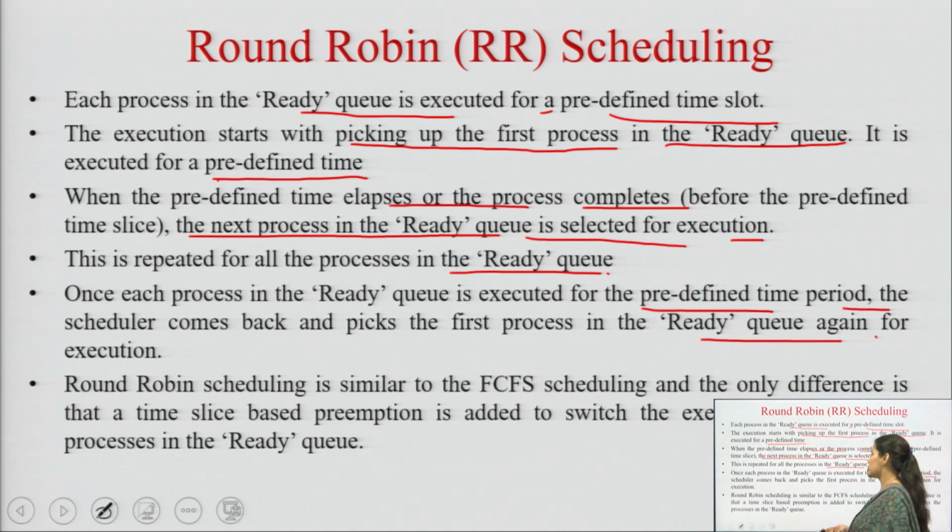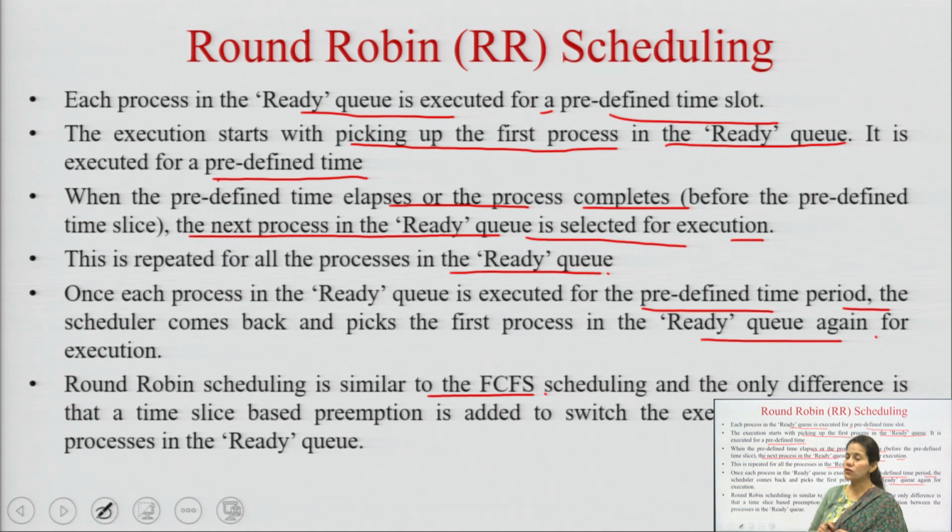The round robin scheduling is similar to the first come first serve scheduling, but what is the difference between them? In the round robin scheduling there is a predefined time, but in the first come first serve scheduling there was no such predefined time, and the chance is given to another task only when the execution of the previous task gets completed.